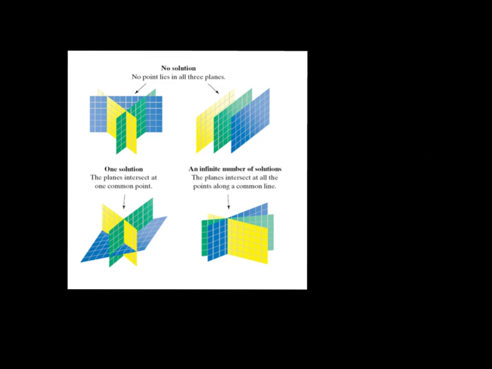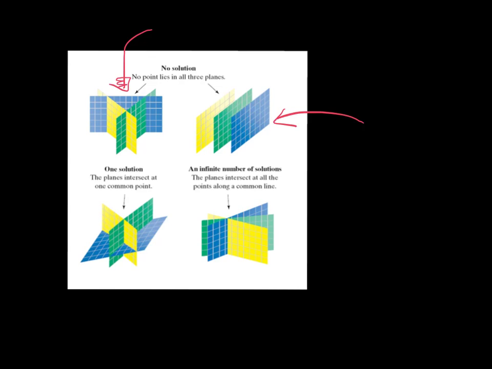So when we solve the system, we want to know where those 3 planes intersect. And no solution would mean one of two things. One is this situation here, all the planes are parallel, so they don't intersect in a point. The other thing that could happen is each pair could intersect with each other, but they don't all intersect in one point, as in this picture here. So those are 2 ways that you can get no solution.